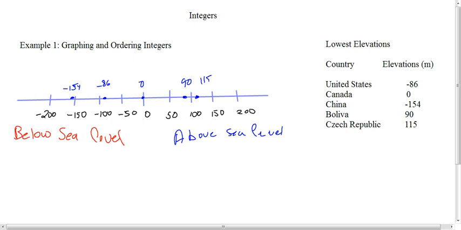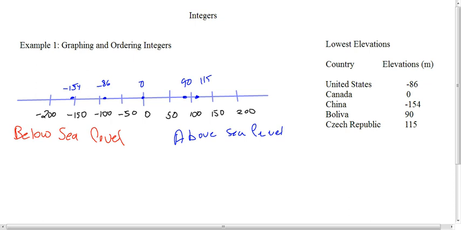Well, this GPS is called a global positioning system. And what it really does is it determines elevations. So as we take a look at this particular table to the right, it shows the elevations of 5 countries: the U.S., Canada, China, Bolivia, and the Czech Republic.